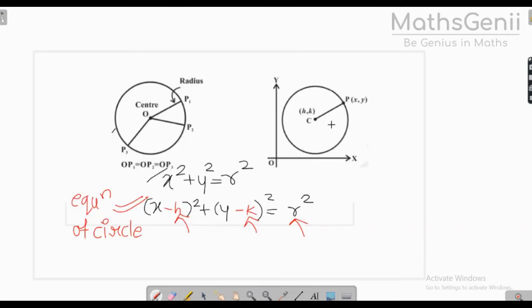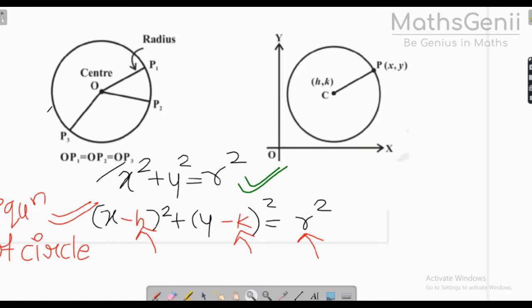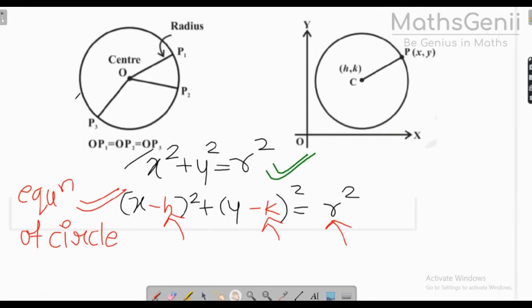This is from my previous video of circle. If you have not watched, you can go and watch it. So this is the general equation of circle, when your center is at 0 comma 0. But this center has shifted. This center has shifted to h comma k.